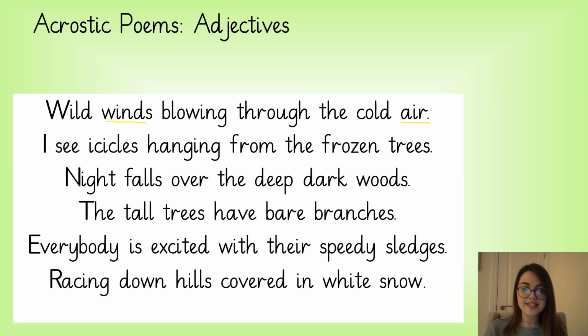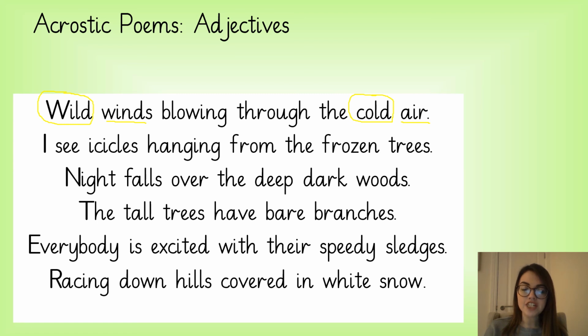So in this sentence, I can say that my adjectives are wild, because wild describes what the wind is like, and cold. That tells me that it's very chilly outside. The air is cold. So there's 2 adjectives in that first line.